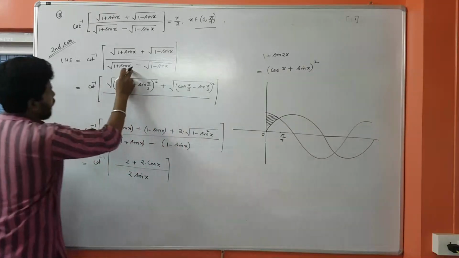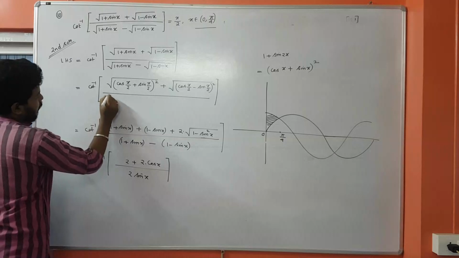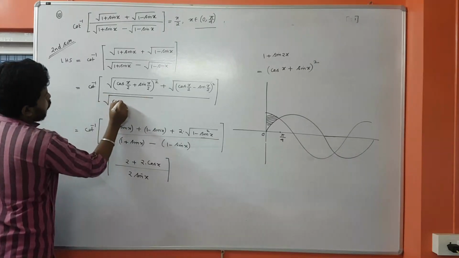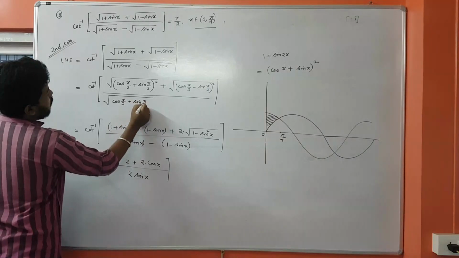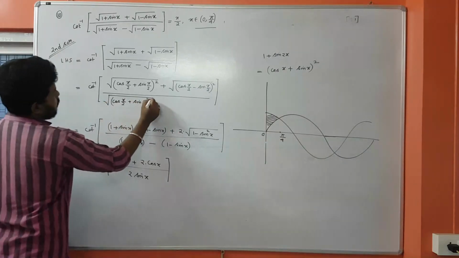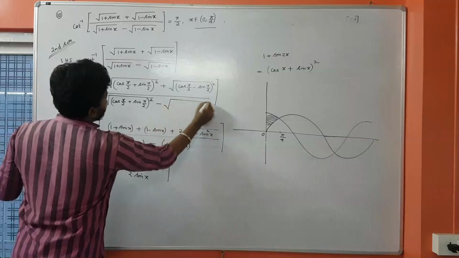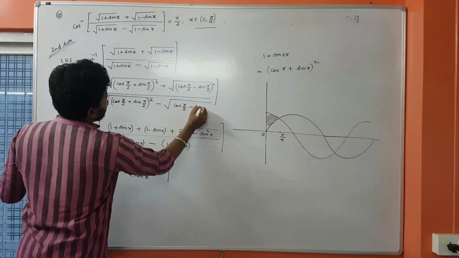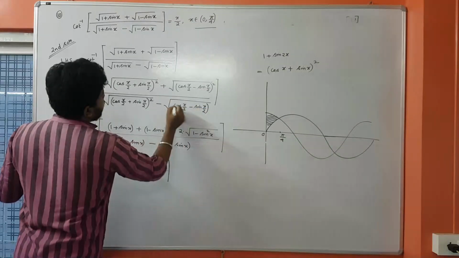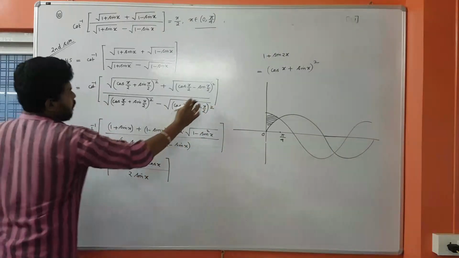Similarly, in the denominator you can write cos x by 2 plus sin x by 2 whole square minus cos x by 2 minus sin x by 2 whole square.